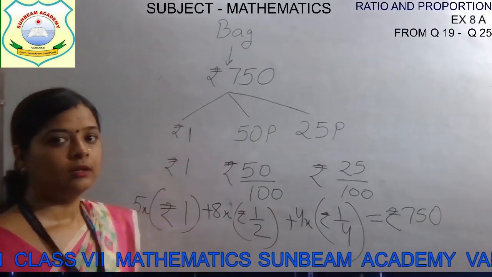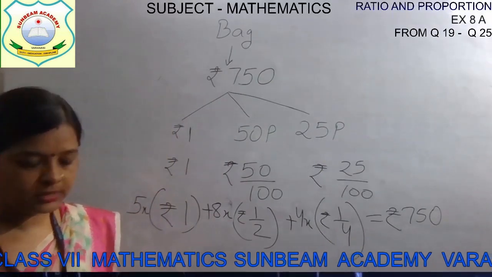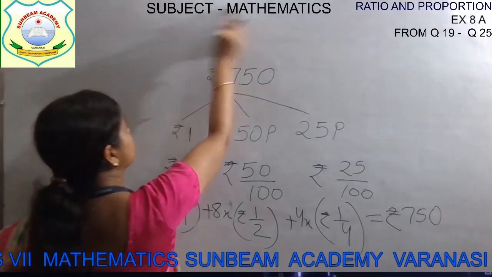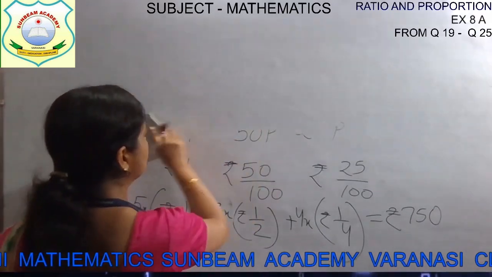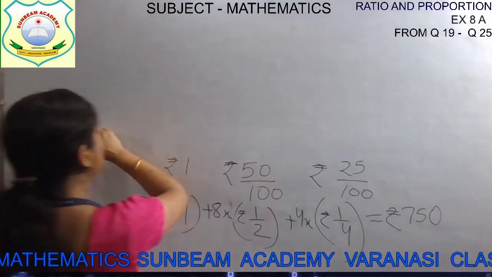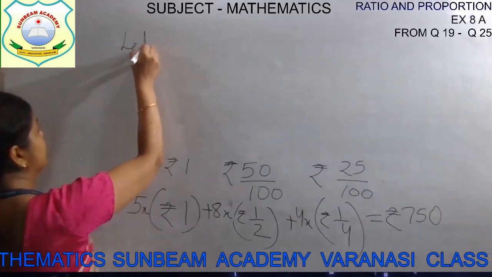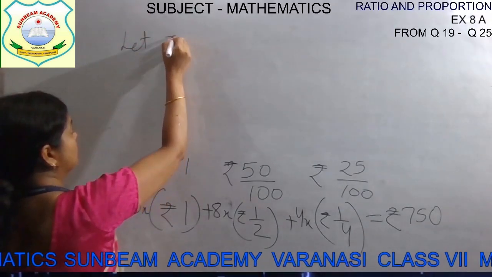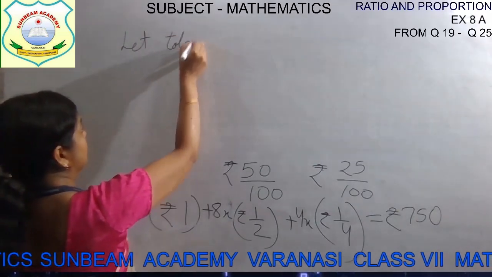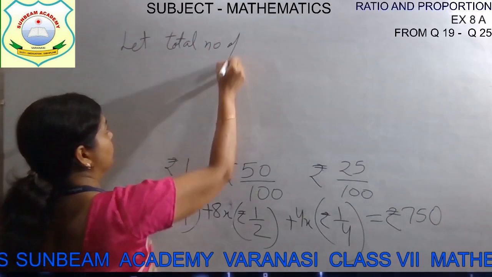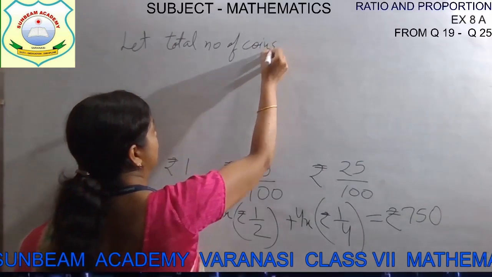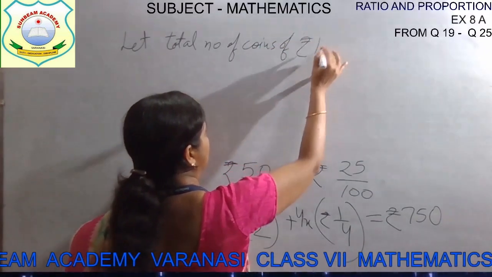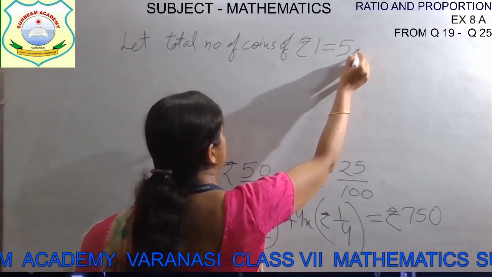Now children, let's make an equation first. I am erasing this, beta. Let the total number of coins of 1 rupees be 5x.